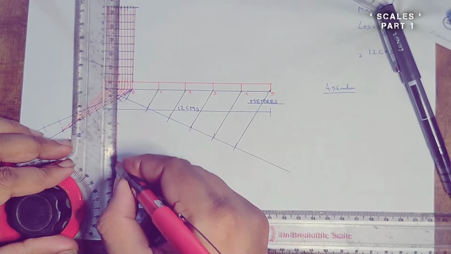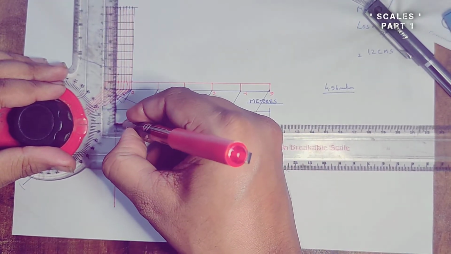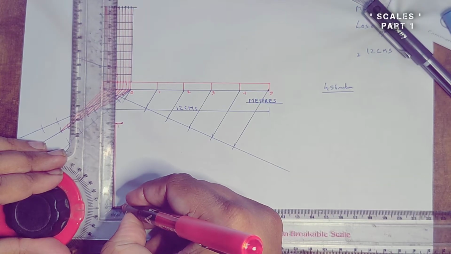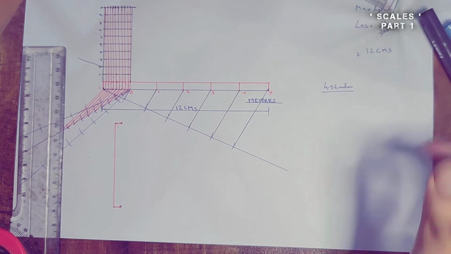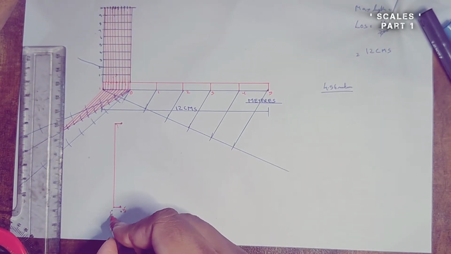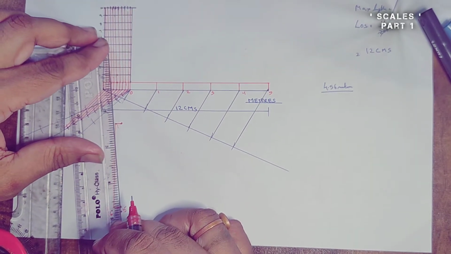What we have drawn is, this is your one box, like this is our one box. We have diagonally joined this 0.5 and 0.6.